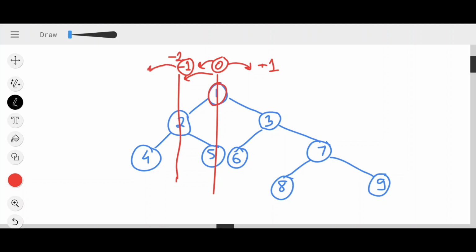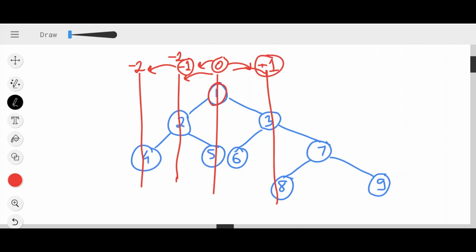Similarly, move to the left hand side. Since you are again moving to the left hand side, this vertical line will be marked as -2. Why? Because whenever you are moving to the left hand side, you simply decrement the line number by 1. Similarly, whenever you are moving to the right hand side, that is whenever you traverse this vertical line, simply increment your line number by +1.